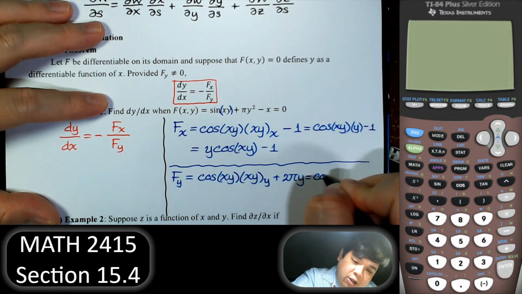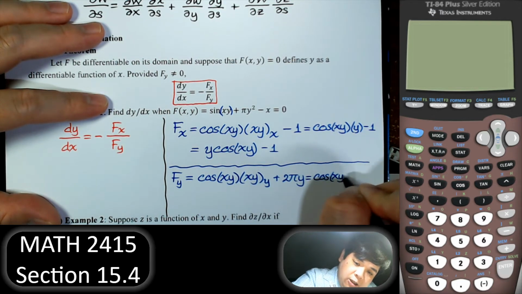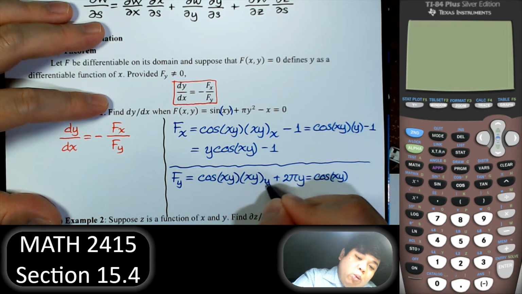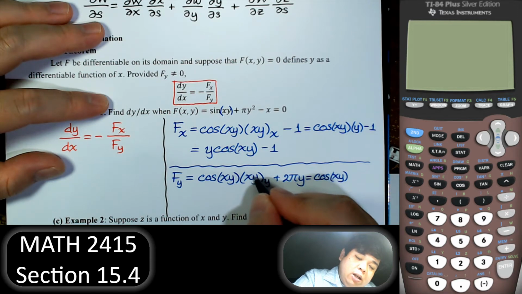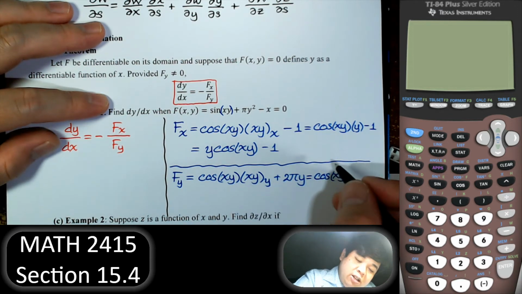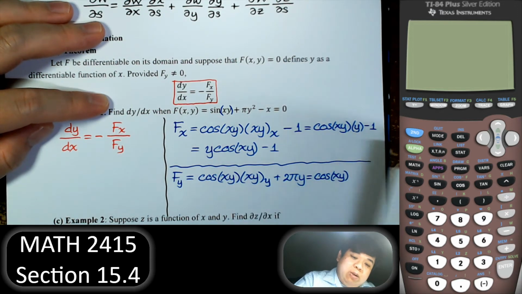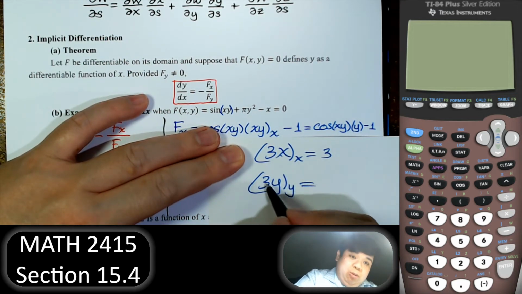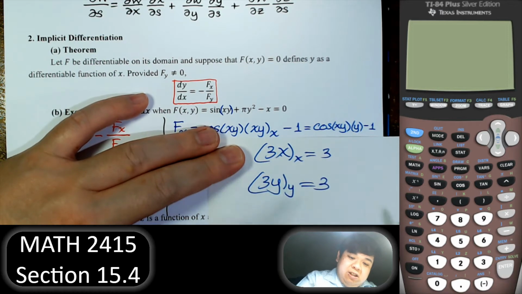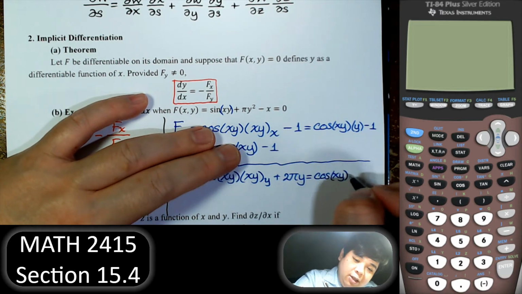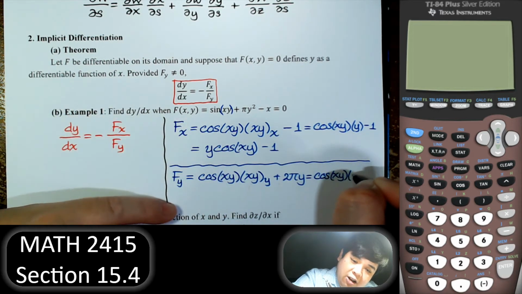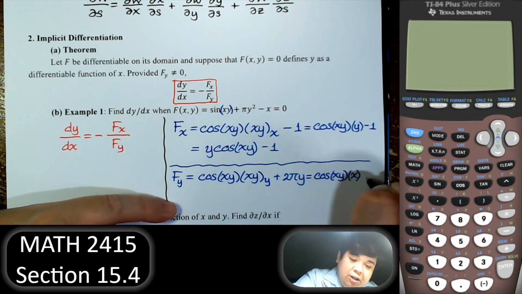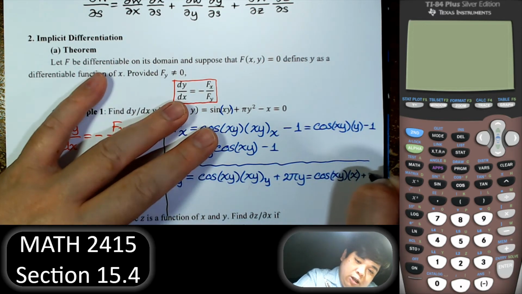So we have cosine of xy, derivative of xy with respect to y. With respect to y, x is a constant. And once again, we treat x as a constant. And then plus 2 pi y.